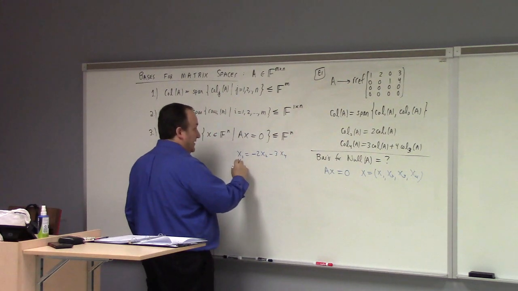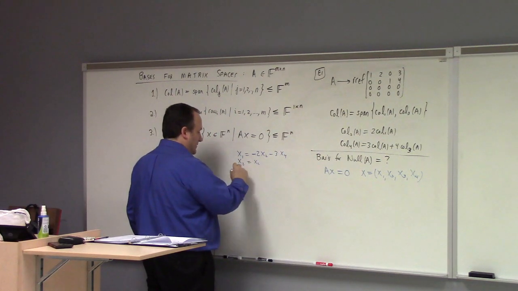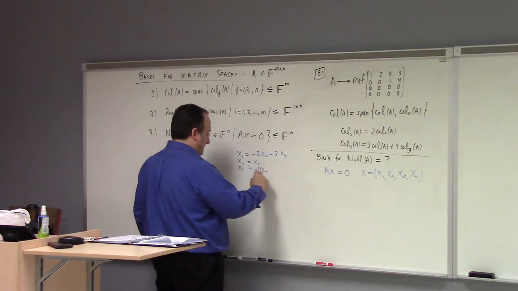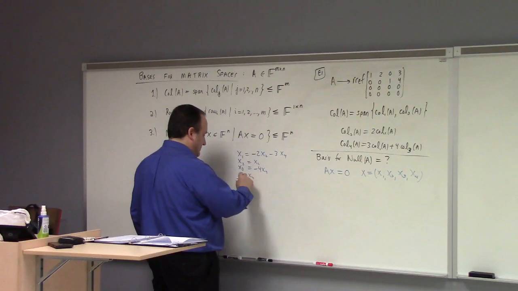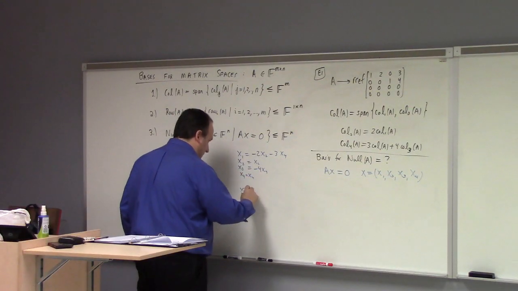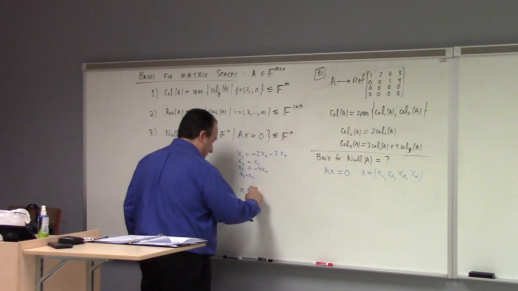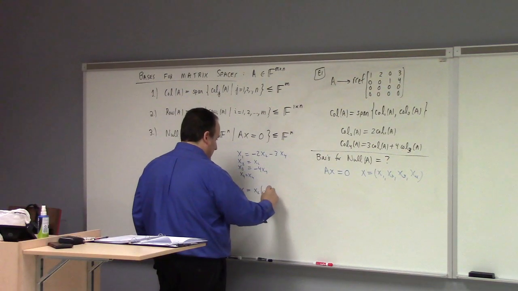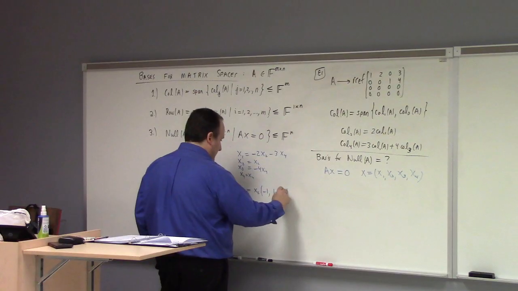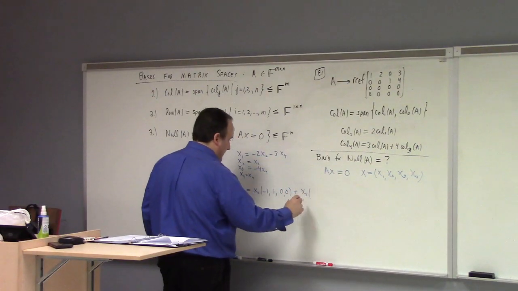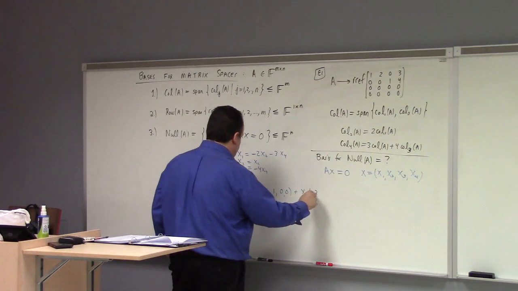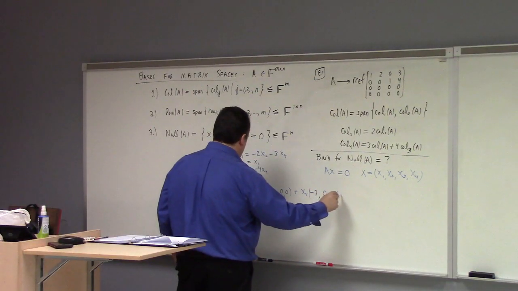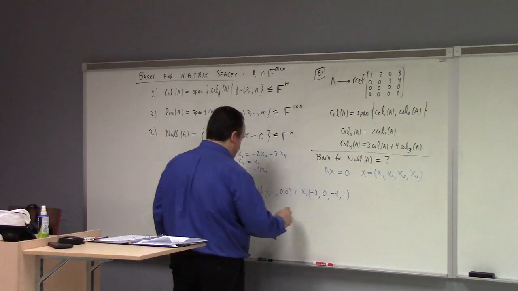Well, x2 is x2, x3 is minus 4x4, x4 is x4. Anyway, so x is equal to x2 times (minus 1, 1, 0, 0), plus x4 times (minus 3, 0, minus 4, 1), like that.